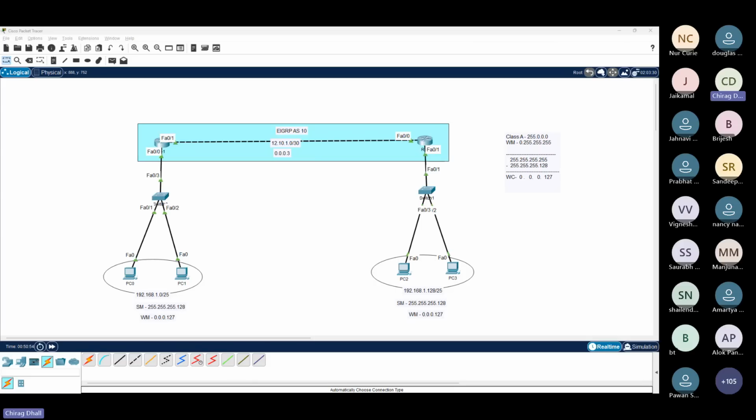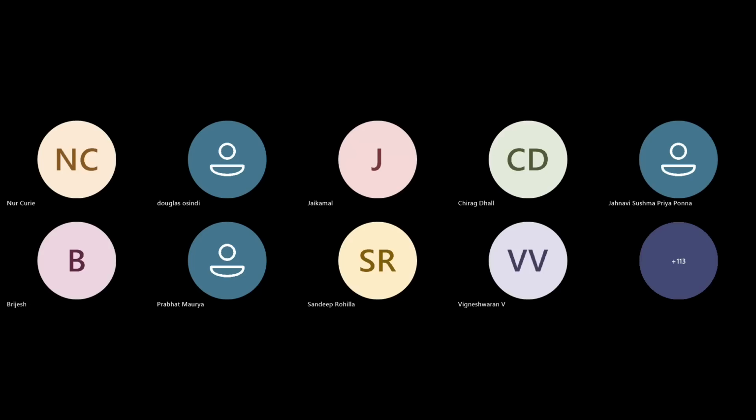I'm sharing my other screen. And it should be visible now.